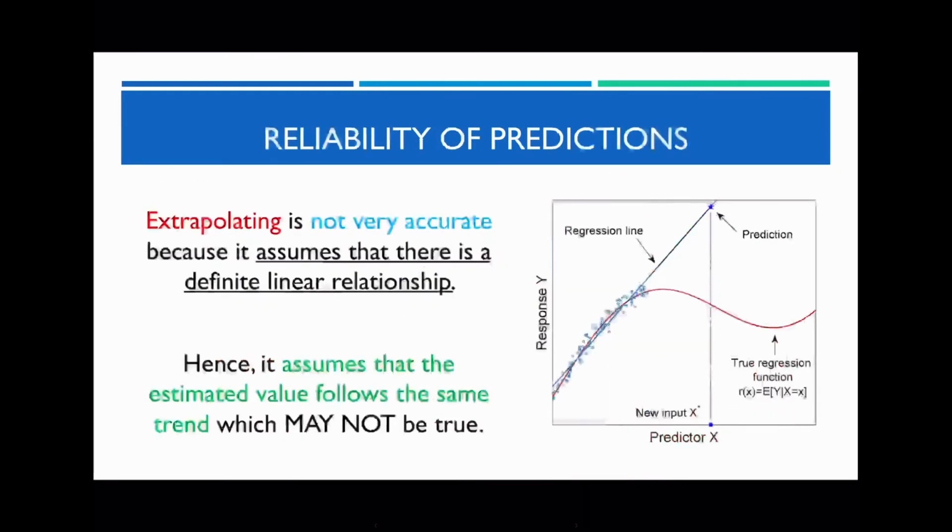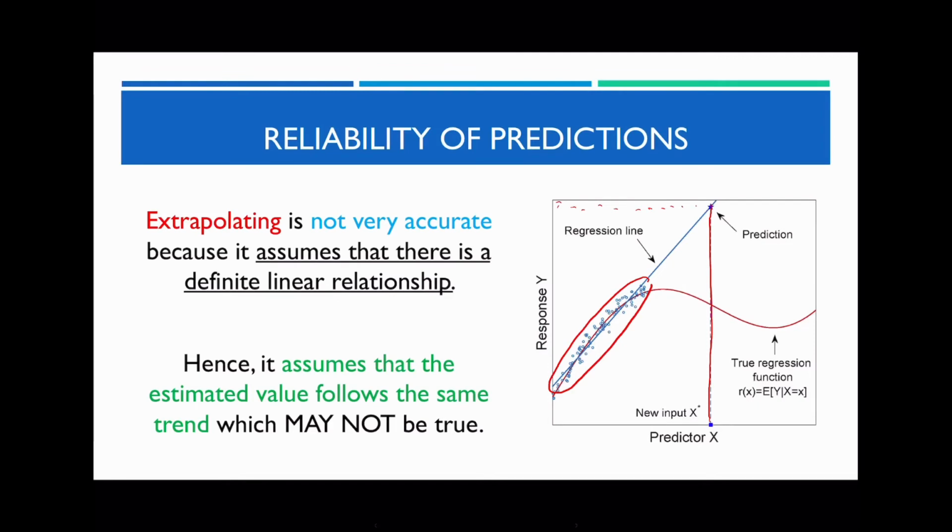But what you should include in your cheat sheet, because this is a question that is often asked in your test papers, is that extrapolating is not a very accurate way to estimate because it assumes there is a definite linear relationship for all values. So in this diagram, if this is all your data set and what you want is to find out the value at this particular point, you would think, using the equation of the line of best fit, this is the predicted y value.